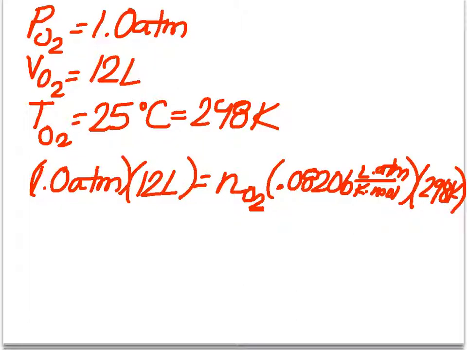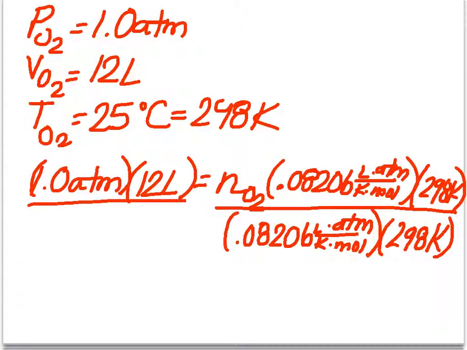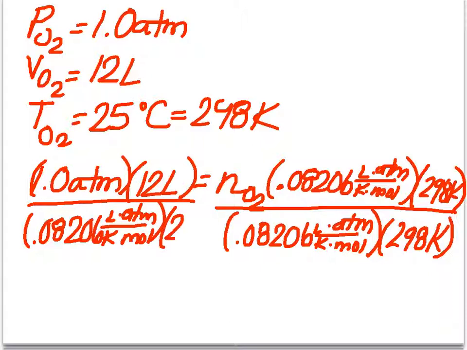We need to then isolate n, so we're going to divide both sides by 0.08206 liters times atmosphere over Kelvin times mole times 298 Kelvin.